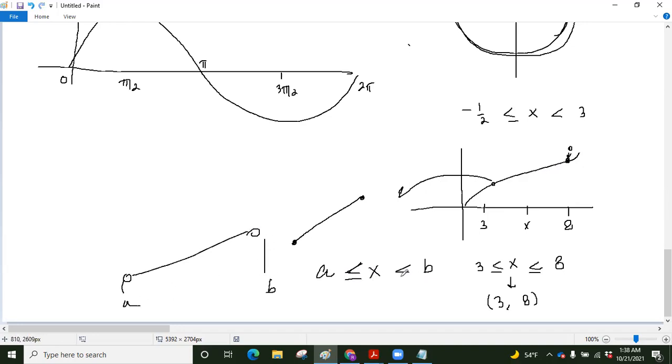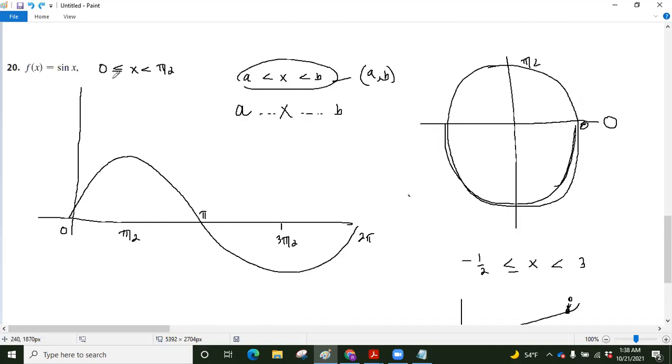But if I add these signs, then I'm actually considering something like this, where the holes are essentially filled. So when it says x should be greater than 0 but less than pi over 2, so pi over 2 is here, right? I have this guy and this guy.